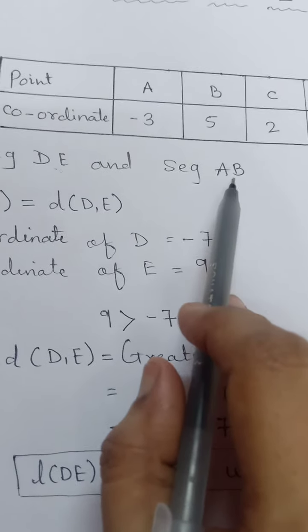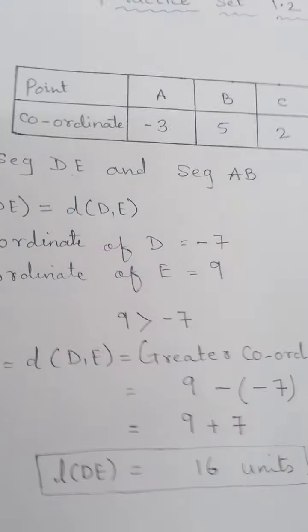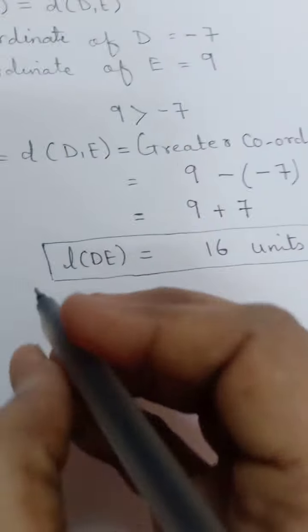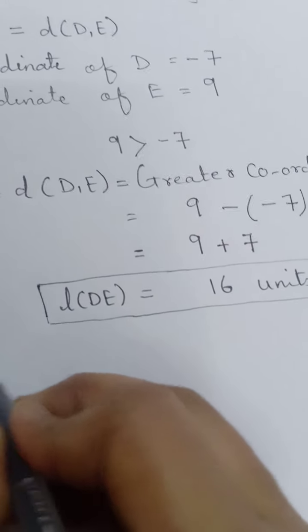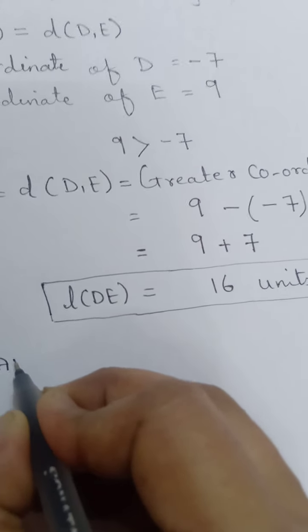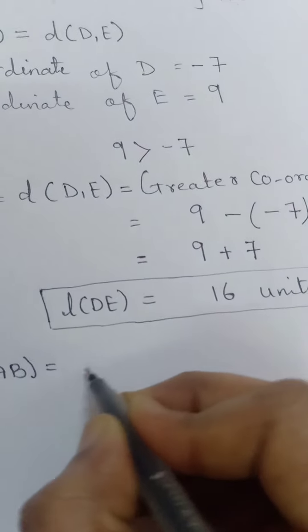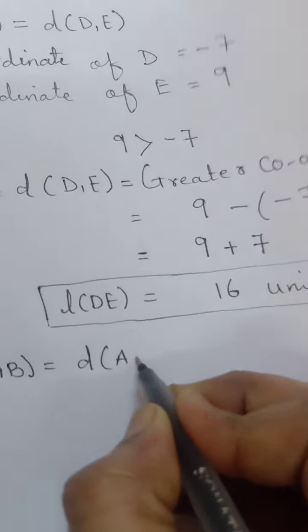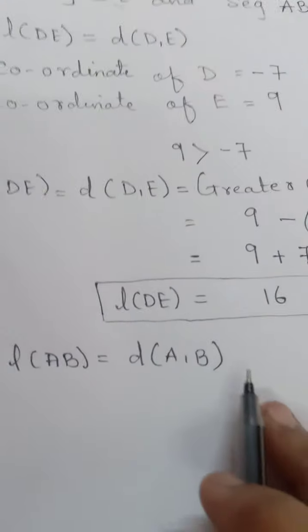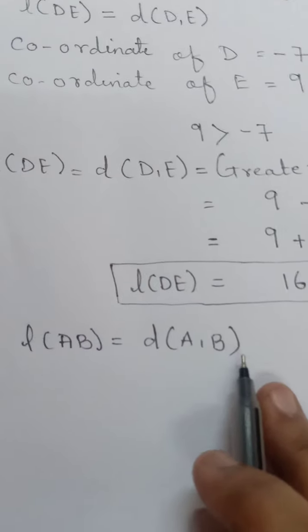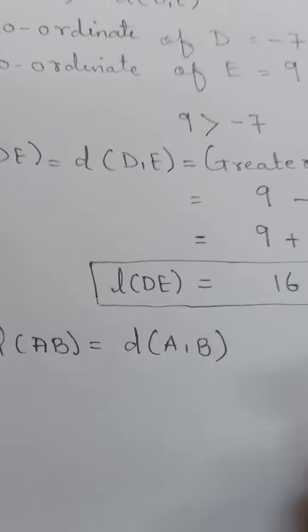Now in the same way we will calculate the length of AB. So the same method we will use here. We will write that the length of AB will be equal to the distance between A and B. Now we will use the method for finding the distance AB.